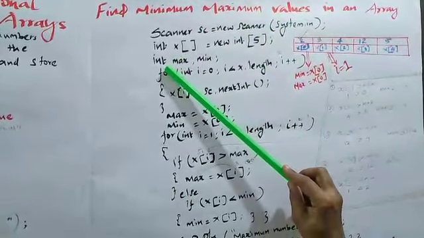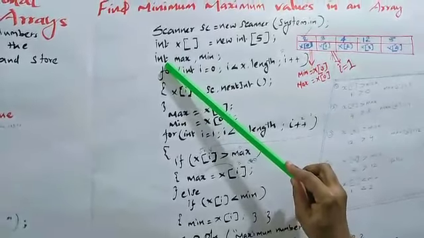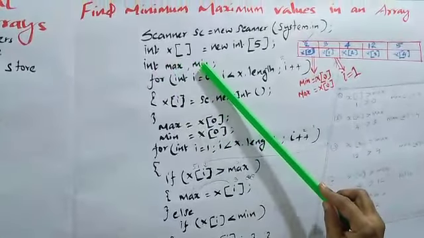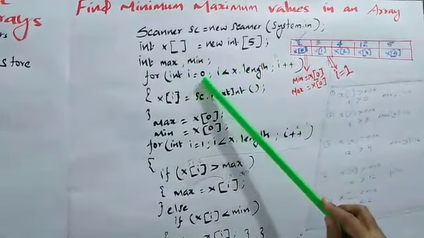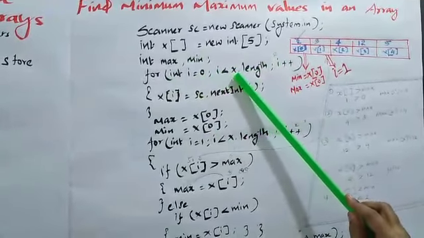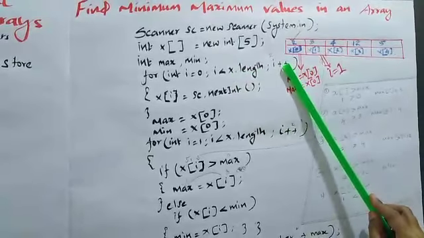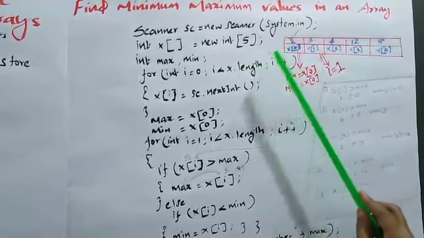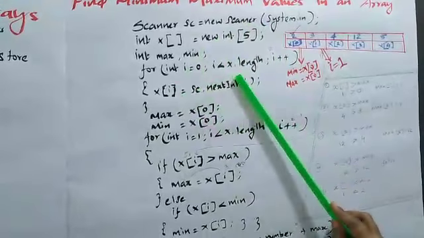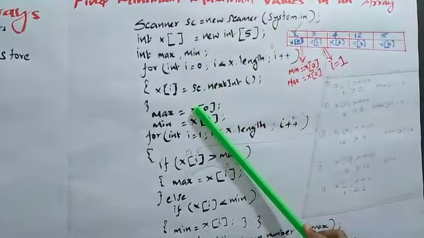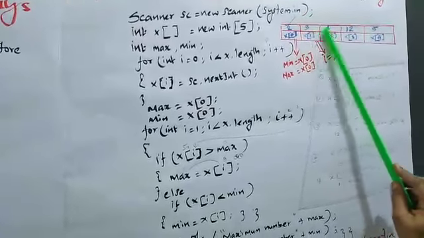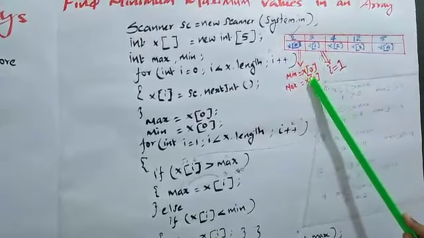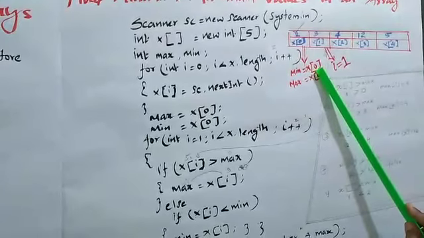Then you have to take two more integer variables, max and minimum. Then you have to take one for loop: int I is equal to 0, I less than x dot length, I plus plus, for moving through the array. Here, max and minimum we have taken as x of 0.